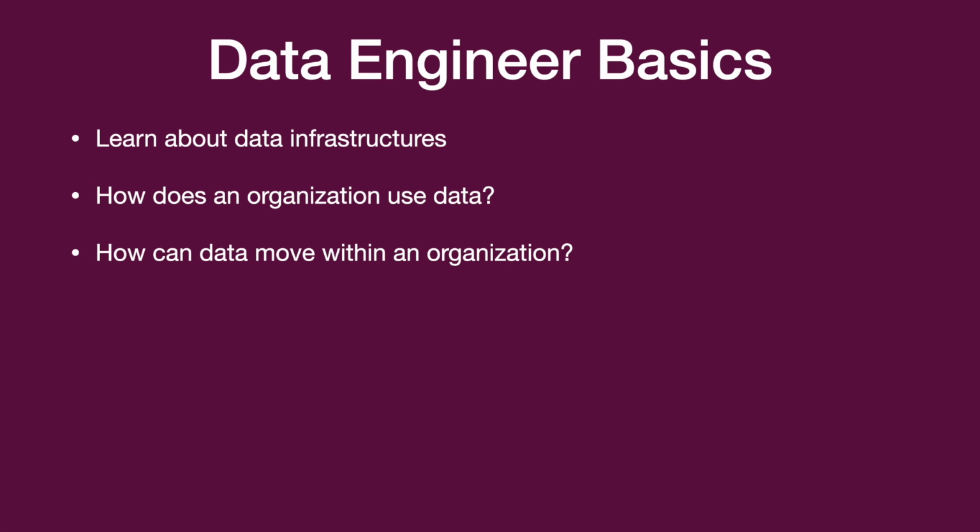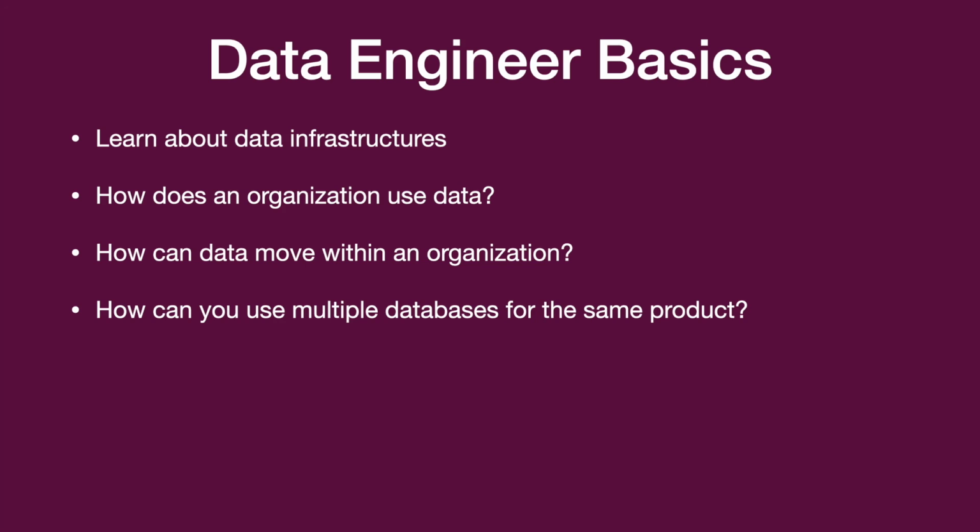Once the data is written into a more traditional OLTP database, like a MySQL or a MongoDB, that data usually moves throughout the organization, right? Different teams care about that data. Different teams want the same data in their own databases. Or you will have teams that want to augment that data with other information and then store it in a different database. So the data is usually flowing within the organization, and you want to know how exactly that works.